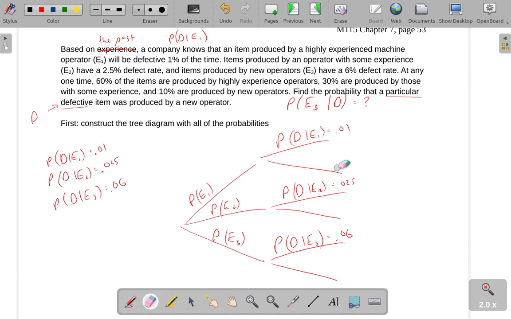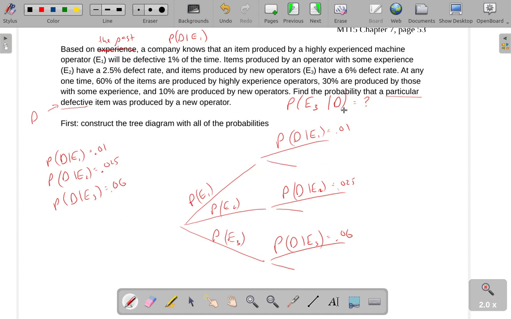But a lot of times when we're doing Bayes' theorem, we don't feel the need to do the entire tree. I'm going to leave a little branch to show that there's stuff I'm leaving off of this, but I'm really only concerned with where the items are defective. So you can see if we go up in this branch, we have a defective item. If we were to go down, we would have a non-defective item, or a good item, however you want to define that.